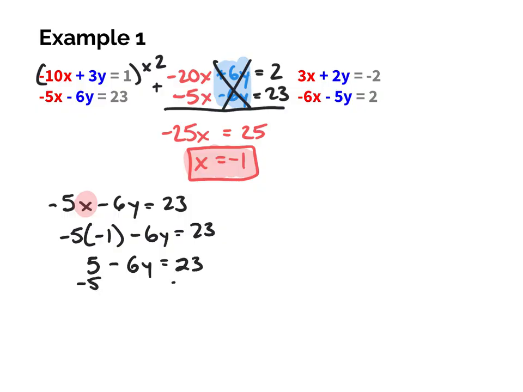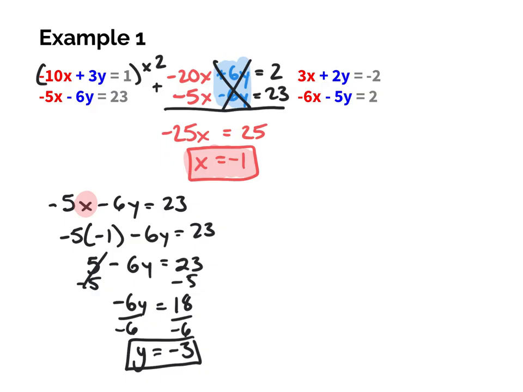If I then subtract 5 from both sides, I'll get negative 6y equals 18. And then lastly, dividing both sides by -6, I'll get y equals -3. And there's my y value for my final answer, as a point, of -1, -3.